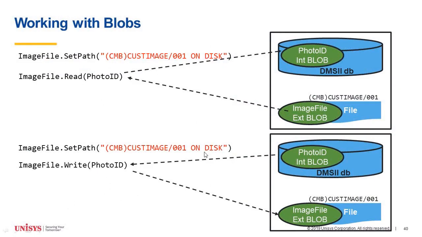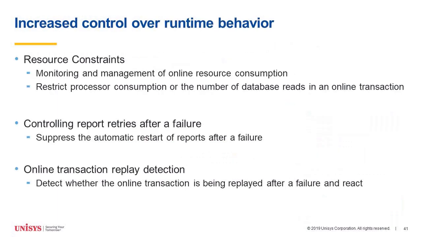Similarly, when you write the file, what you're doing is taking it out of the DMS database and putting it into that file that's on the ClearPath file system. That's just something I wanted to point out, because the read and the write sense may not be as intuitive when you hear it described in some of our tutorials.